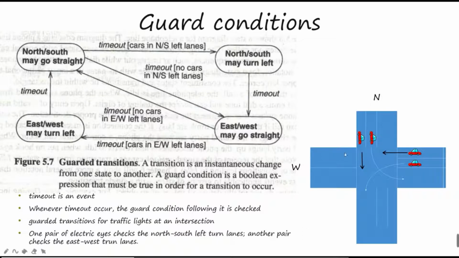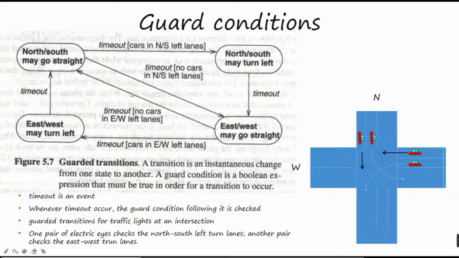This is the north, and this is the west, and this is the turn left lane, and this is the go straight lane. We assume that at first north-south goes straight. It means these cars are running.